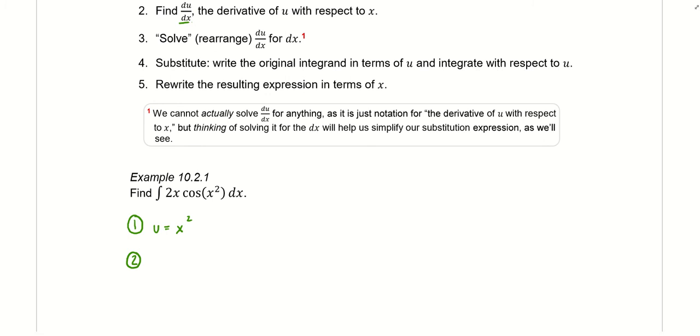So the derivative of u is like u prime or u prime of x, but I'm going to use du dx for my notation, again, because this makes things easier later. So I'm just finding the derivative of u, du dx, which is, in this case, just the derivative of x squared. So that's going to be just 2x. Let me move this down a little bit.